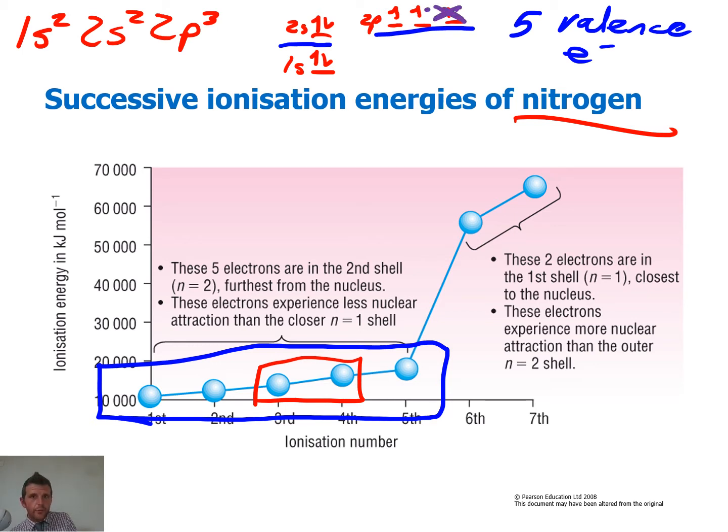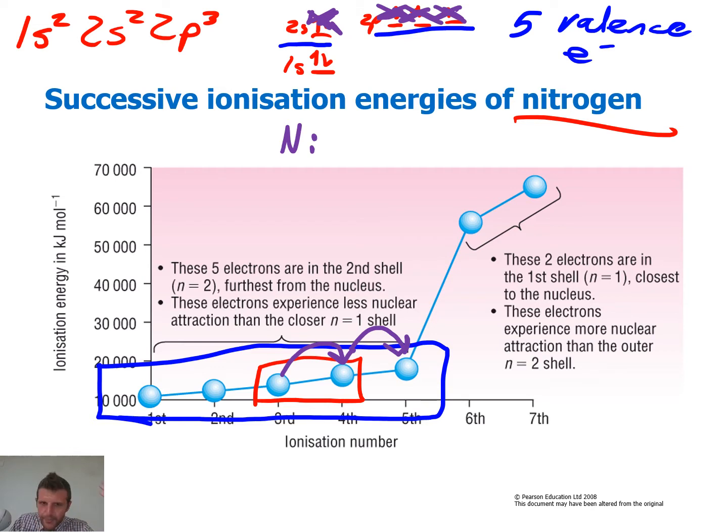And the second time we removed another 2p, and the third time we removed another 2p, and then the fourth time, which was from here to here, we had to break into the s orbital, and then we had to remove another s electron, and then all of a sudden we lost the entire second energy level, meaning we had removed enough electrons so that the second energy level was no longer occupied, and we were left with nitrogen with 2 electrons, and those 2 electrons were on the first energy level, which to begin with is already very, very close to the nucleus, so the attraction is incredibly strong.